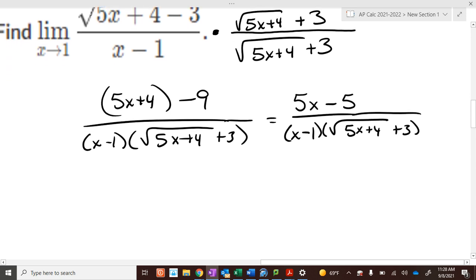Now, what do we have to do in the numerator? Factor out a 5.